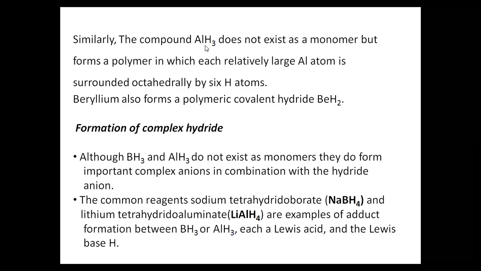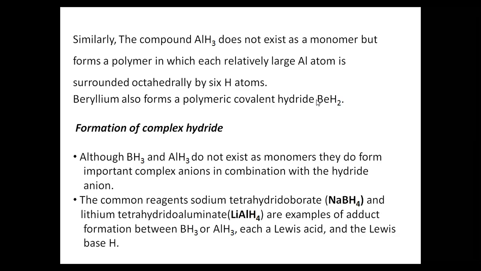And beryllium hydride is also an example of an electron deficient compound, which forms a polymeric chain, a very long continuous chain instead of a dimer or trimer. So BH3 does not exist as a monomer, it exists as a dimer. AlH3 exists as a polymer, and other compounds also exist.